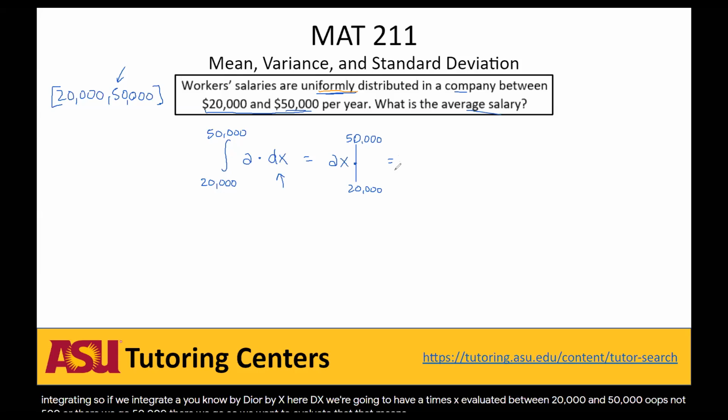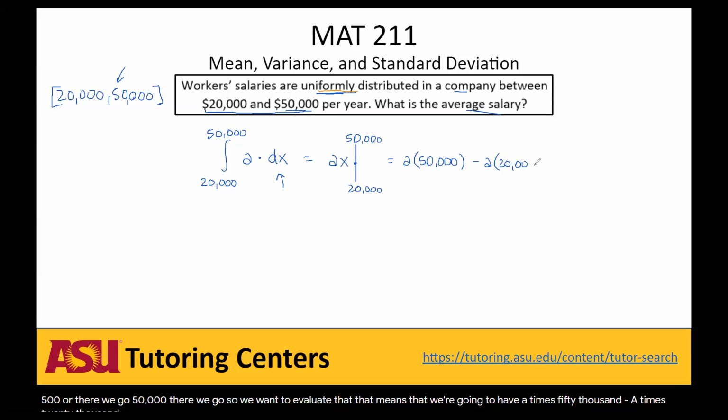That means we're going to have a times 50,000 minus a times 20,000, which equals 30,000 times a. Now we know that we need to have this equal to 1.